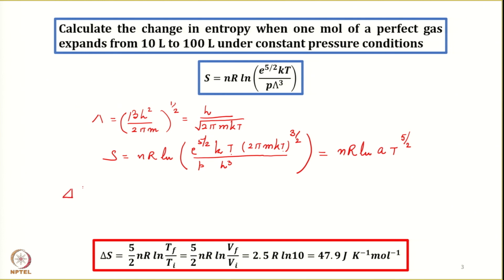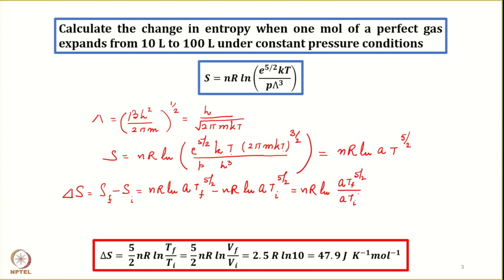Therefore, delta S, which is equal to S final minus S initial, is equal to nR log A T final raised to the power 5/2 minus nR log A T initial raised to the power 5/2, and this is equal to nR log A Tf^(5/2) over A Ti^(5/2), which is equal to nR log (Tf/Ti) raised to the power 5/2, which is essentially this expression.